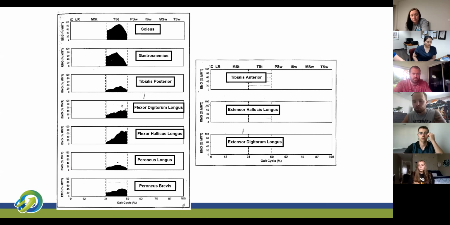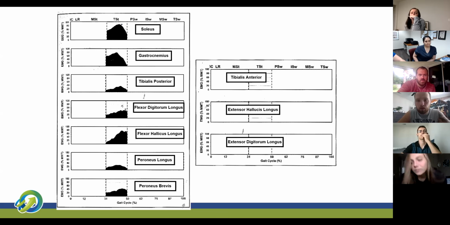They're still acting eccentrically, and then you see a little bit of an increase in muscle activity as we see a little more plantar flexion at the same point of the gait cycle. Just a note, you see the soleus dip down a little bit, same with the gastroc. So at this point, the eccentric activity is decreasing a little bit for these muscles and the tibialis posterior.